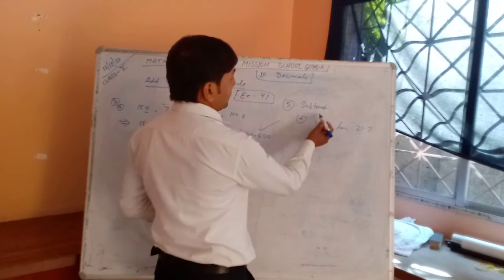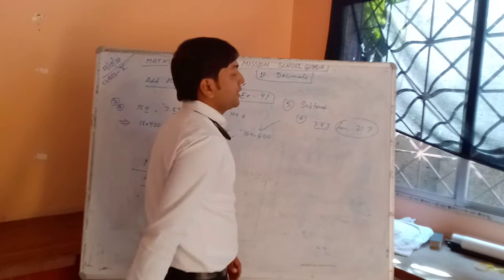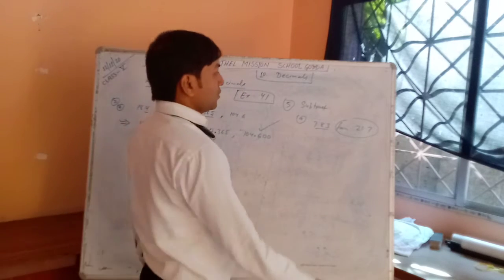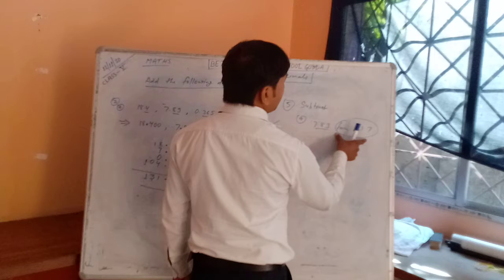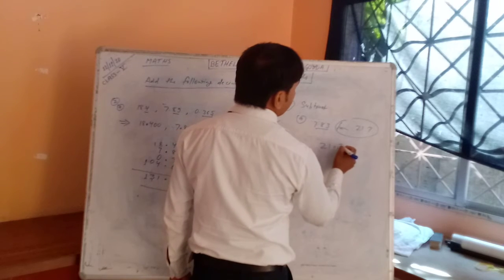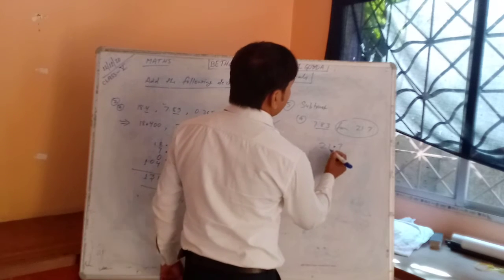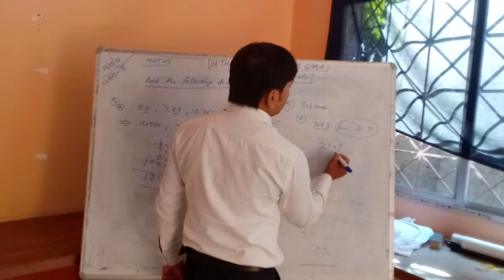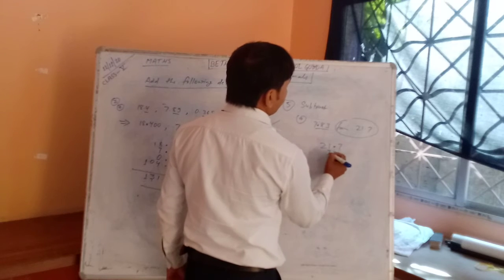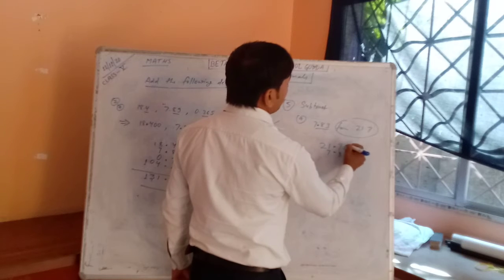Subtract this one from this. 21.7 is bigger. The number written with "from" we have to write first, so first write 21.7. Now write 7.83: first the decimal, before the decimal 7, after the decimal 8 and 3. There is nothing in the last place, so you can put 0.